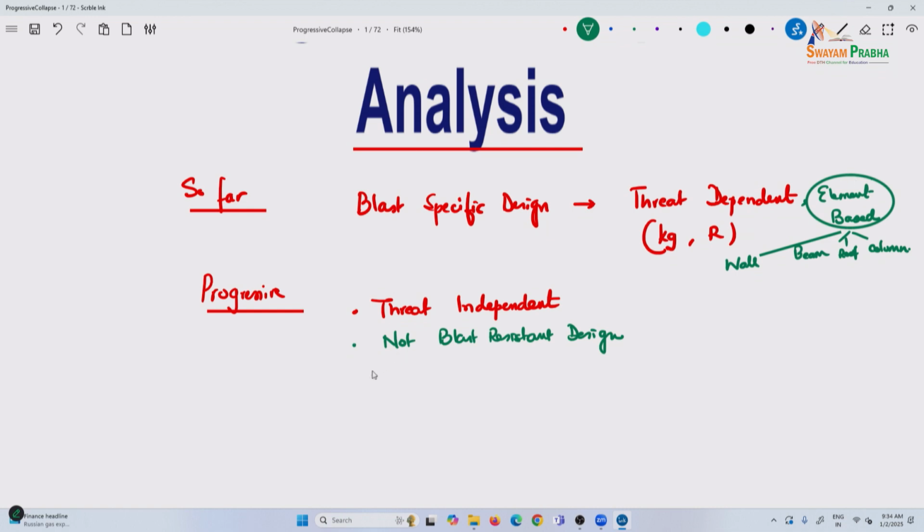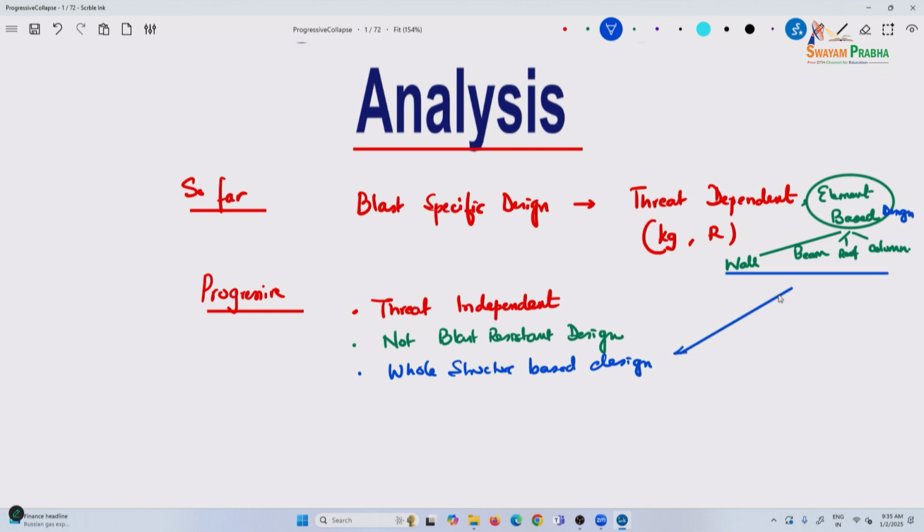But here, in contrast, this is a whole structure based protection. So this is an element based design, whereas this is in contrast a whole structure.